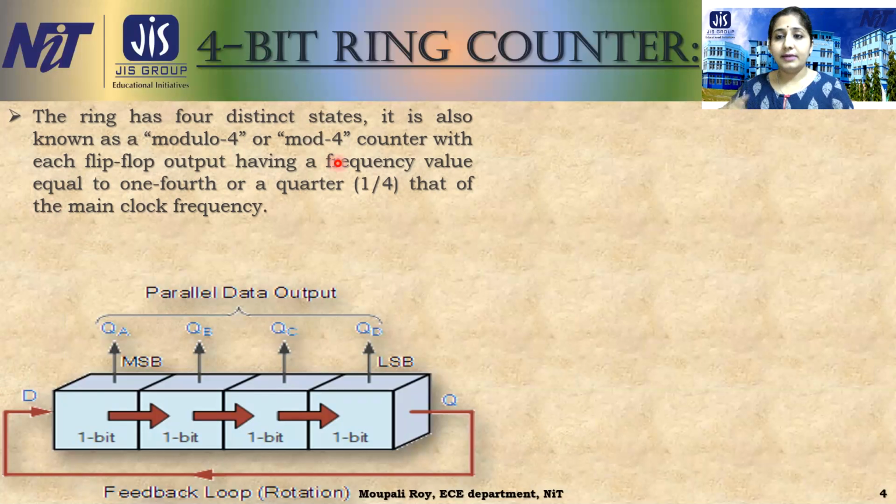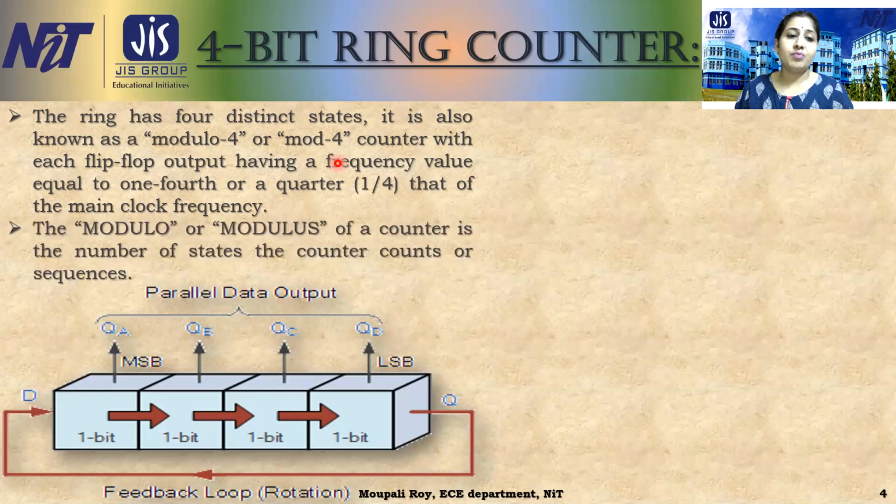Since we are using a 4-bit ring counter, we can say modulo 4. The modulus of the counter is the number of states the counter can count or sequence, that means how many numbers it can count.